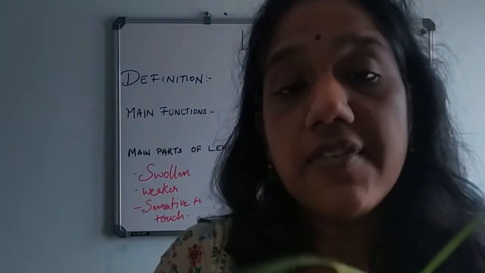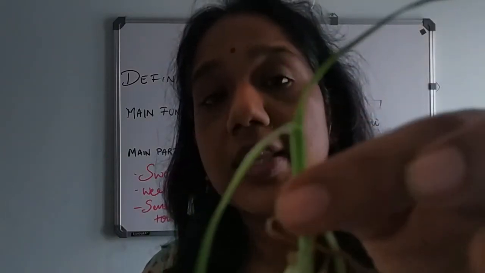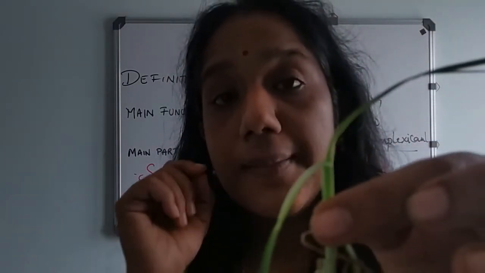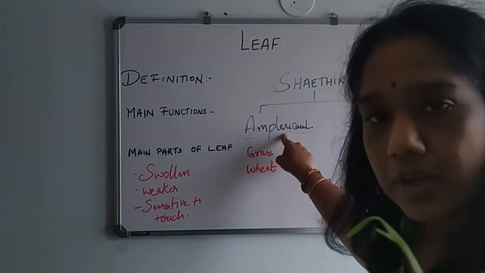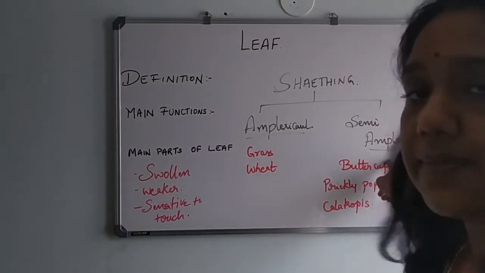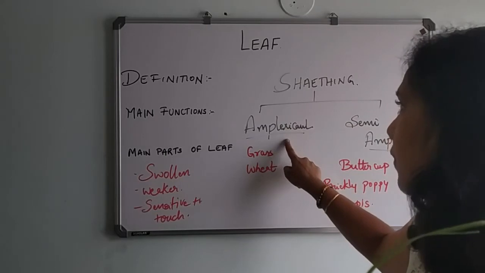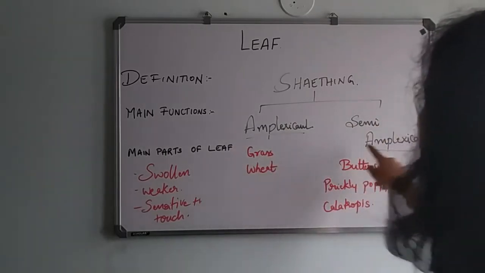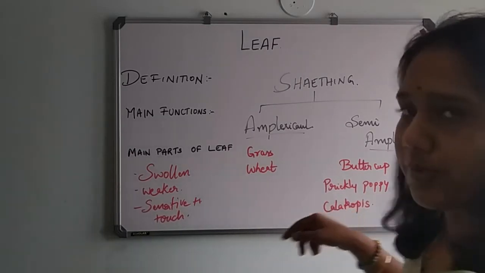Since it has a very long appendage and most of the leaf is covered by that sheath, we call the complete sheathing of the leaf amplexicaul. Partial sheathing of the leaf is called semi-amplexicaul. Examples for amplexicaul are grass and wheat, and for semi-amplexicaul are buttercup, prickly poppy, calotropis.